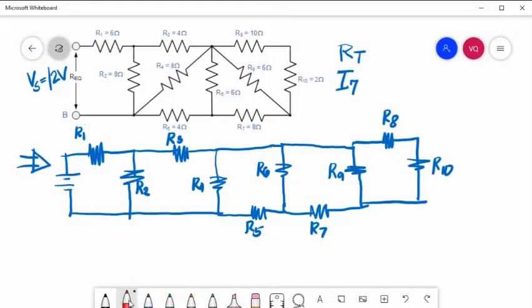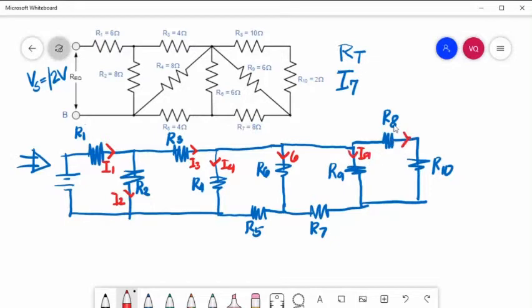Now we will label your current, direction of currents. So this is I1, I2, I3, I4, downward. Since there is no resistor here, so dito yung down direction ng current. I6, I9.